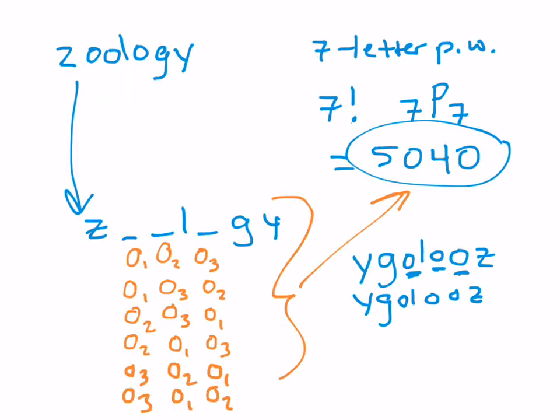And here I want to take 5,040 passwords and eliminate all of the repeats, the ones that would look exactly the same but would technically be counted multiple times because of the O's. I want to count that a single time. So zoology backwards, I just want to count that once.